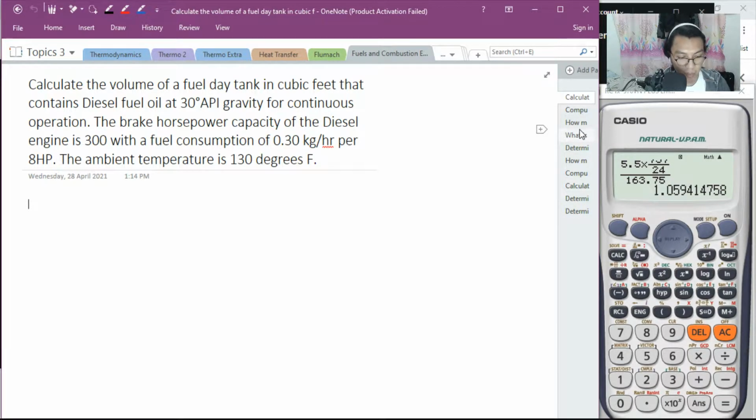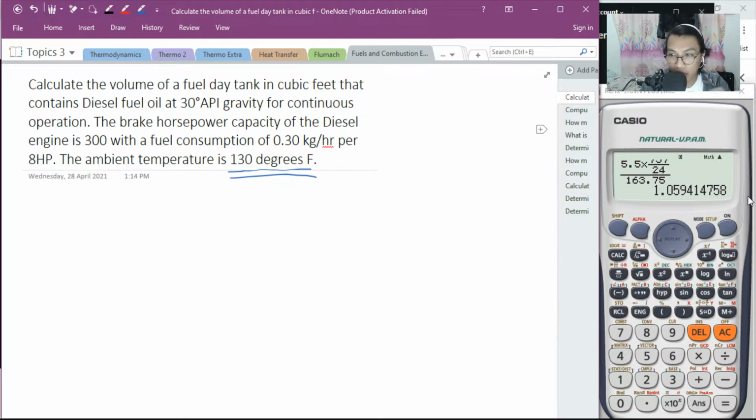So for number 1, okay, given dyan yung degree API. Again, pag laging given ang degree API, needless to say, kailangan mo isolve parate yung kanyang specific gravity at this temperature. Ngayon, para hindi ka mahirapan, dadaan pa kasi yan sa conversion factor, you have to convert it first.